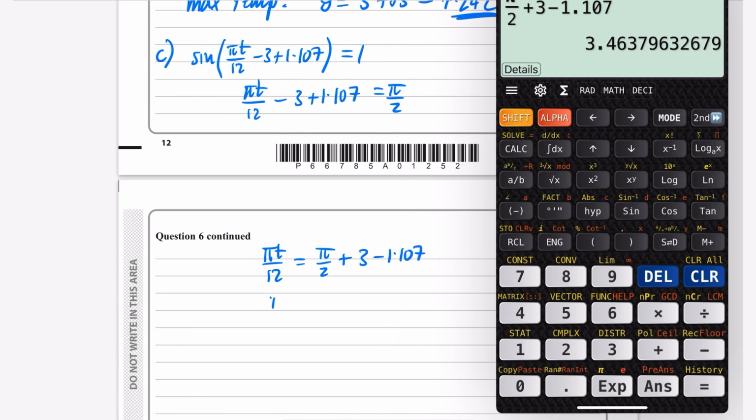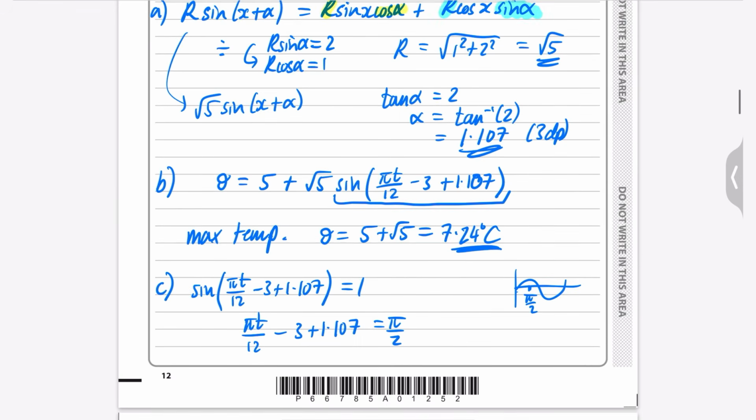Remember, we're trying to find out what t is. I'll just put some dot, dot, dot. I'm going to finish solving that equation by multiplying the answer by 12 and then dividing the answer by pi. So it looks like t is 13.2307, okay?